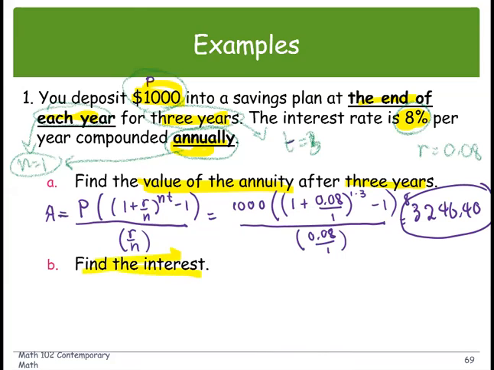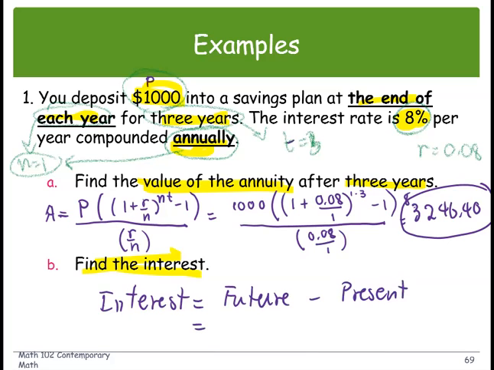The interest would be the additional money that you earn. So the interest equals the future value minus the present value. The future value would be the A, or the value of the annuity after 3 years, so 3246.40.